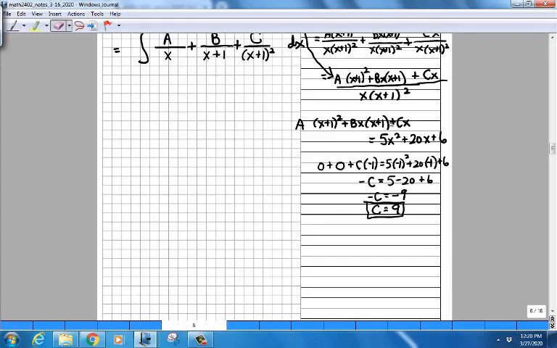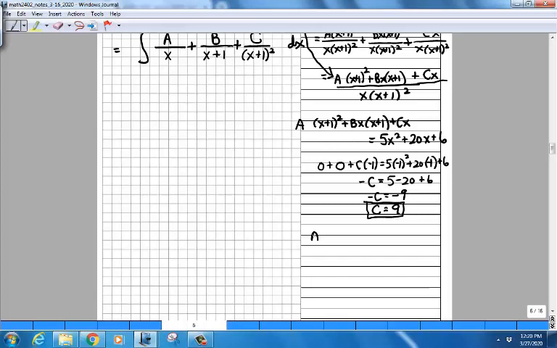But it does help me now in using 0 again as a strategic choice for x, because when I substitute 0 for x, these two terms will disappear. This term will have a factor of 0, this term will have a factor of 0, but this term does not disappear.